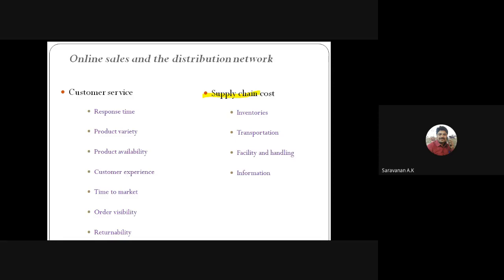So this type of information will help to reduce the overall supply chain cost, and it is much better to match the customer's supply and demand, right? So the information infrastructure has a major role in online shopping, right? These are the cost factors and the service factors that will impact online sales in a distribution network.